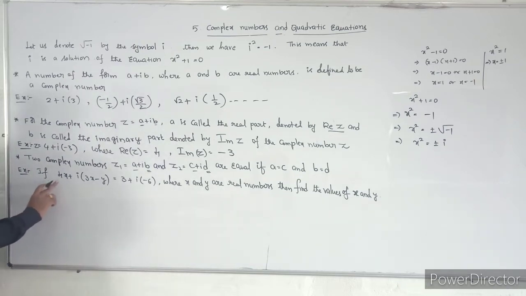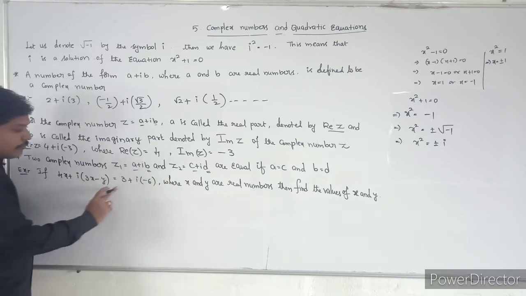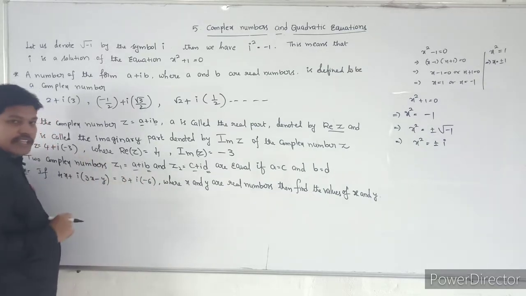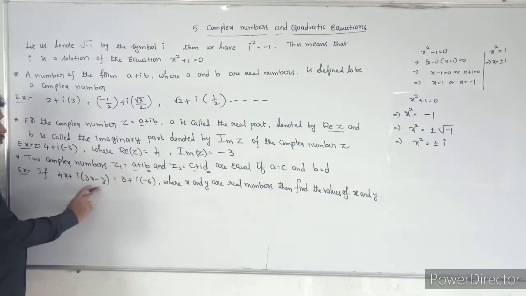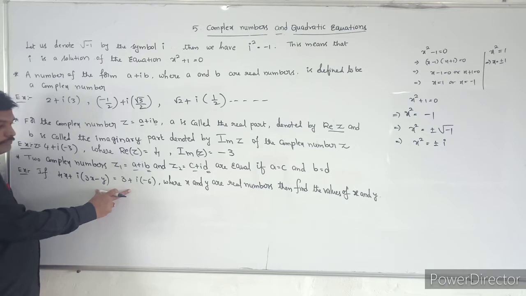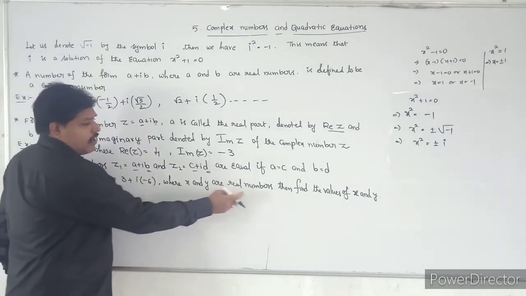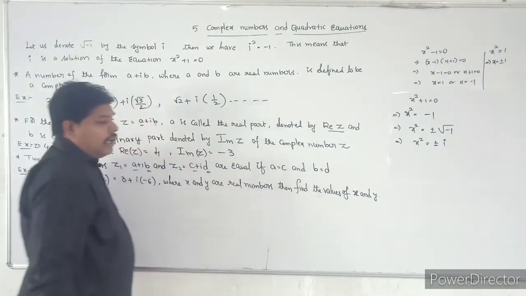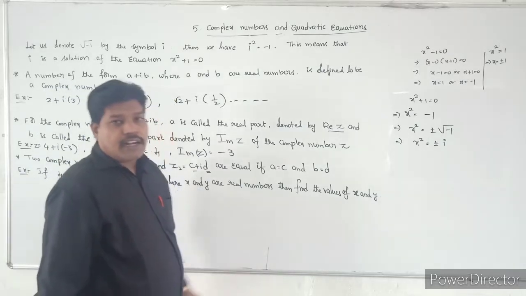What is the question? If 4x plus i into 3x minus y is equal to 3 plus i into minus 6, two complex numbers are equal, they are given this way, where x and y are real numbers, then find the values of x and y.